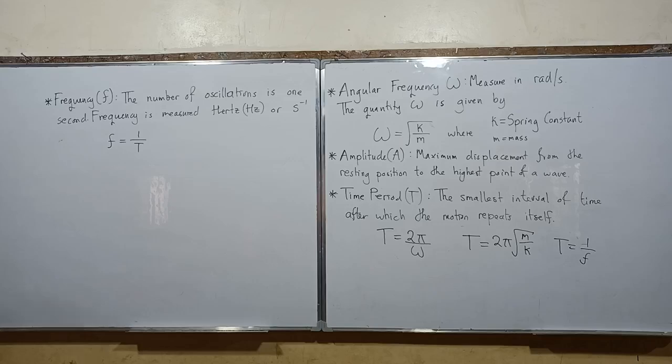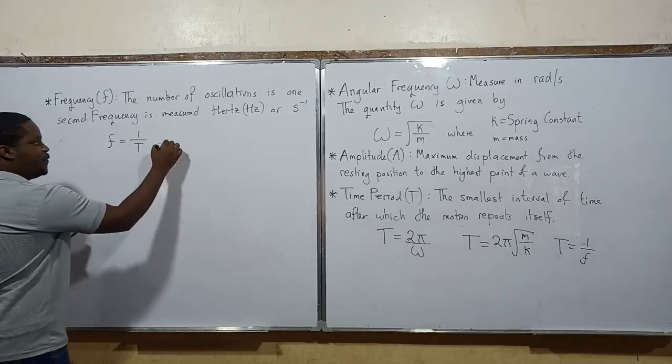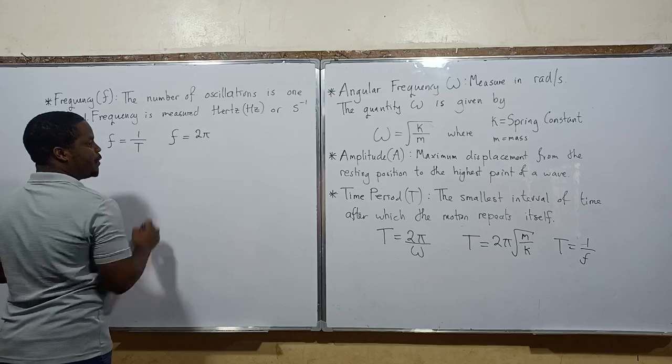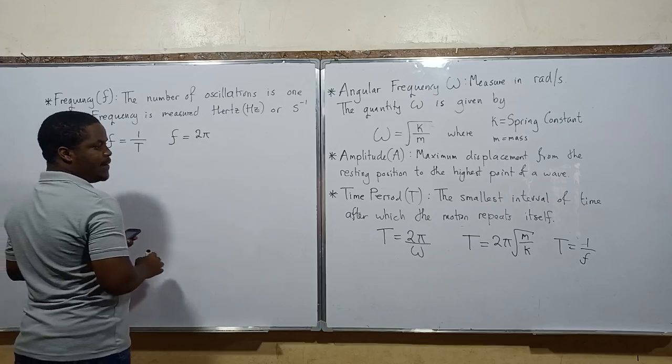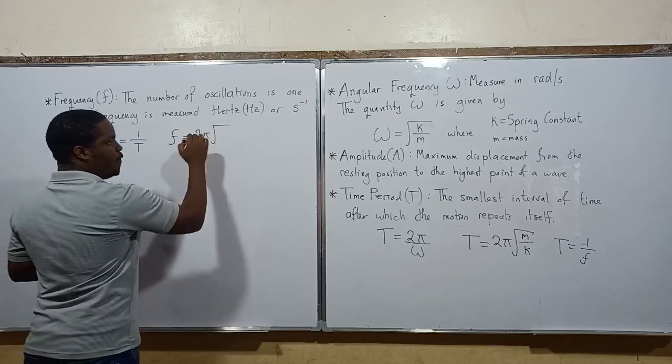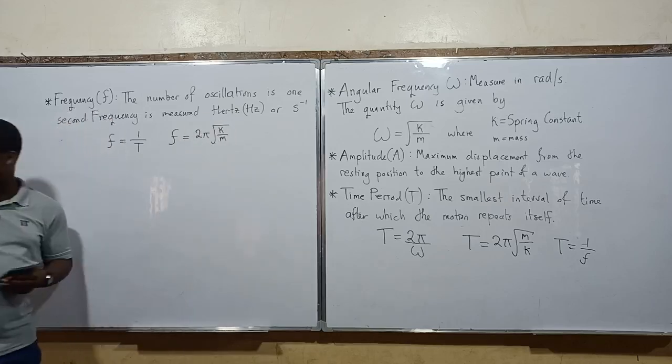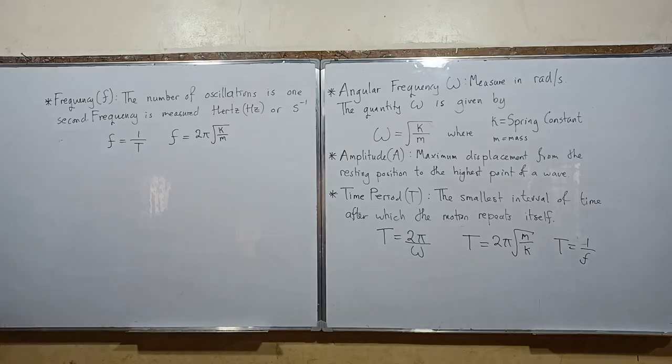Okay, so if this is the case, another formula for frequency will be equal to 2 pi, the root of k over m.